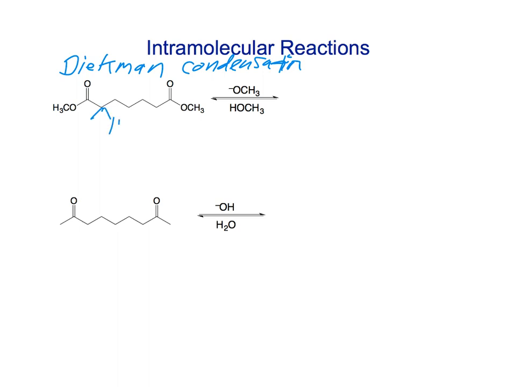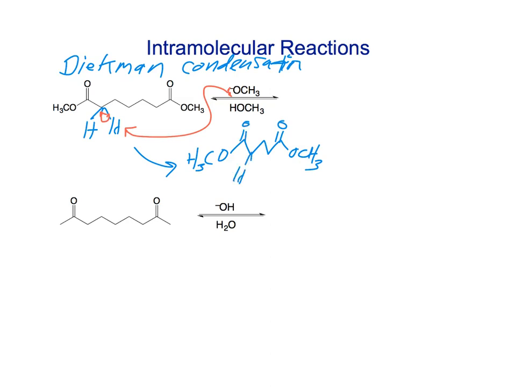All right, so the first step is going to be to deprotonate one of the alpha positions. Okay, so it doesn't matter which one we deprotonate. So I'm just going to do this left one over here. We're going to move our electrons to the alpha position, and so we're going to form an ester enolate. So what kind of a compound are we going to end up with here?